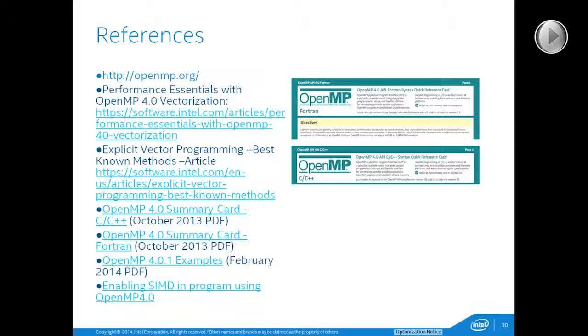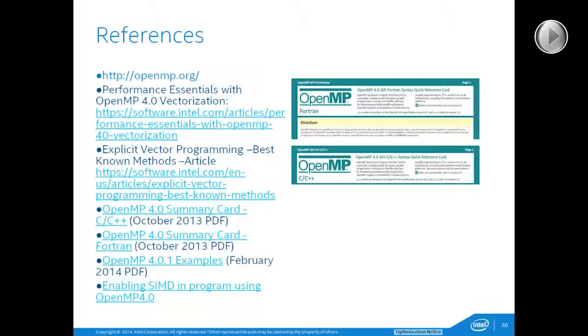There's an excellent book by James Reinders and Jim Jeffers that covers mainly Xeon Phi programming, but they have some excellent chapters in that book on some of this technology. I believe you can find that on Amazon or any of the online bookstores. You just search for Xeon Phi programming or, like Bob said, under James Reinders, and you should be able to find that pretty easily.